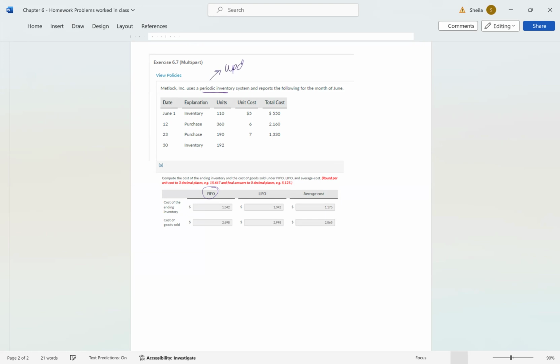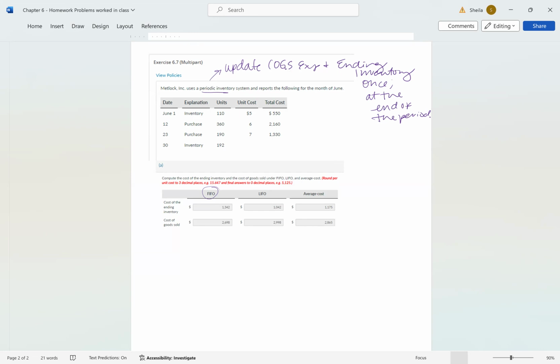So we're going to update cost of goods sold expense and what we're going to call ending inventory once at the end of the period. Now remember, if we're using perpetual, it would be the same process. But this is just so we can go to the end and really just see how FIFO, LIFO, and average costs compare.